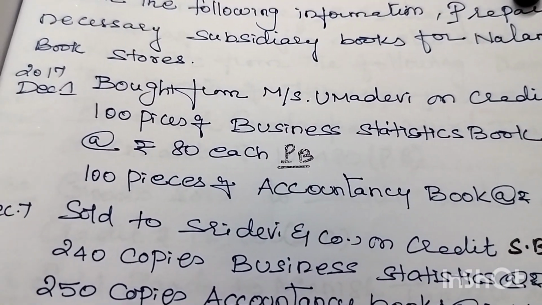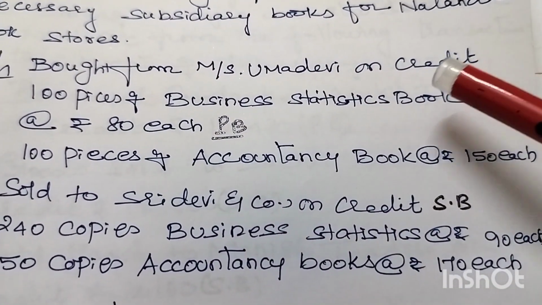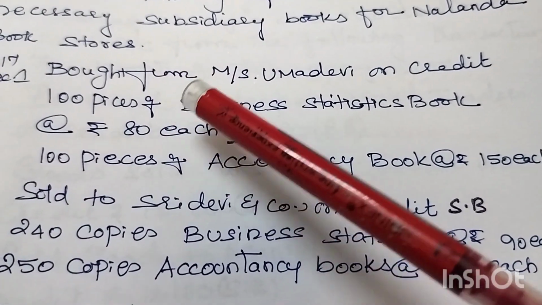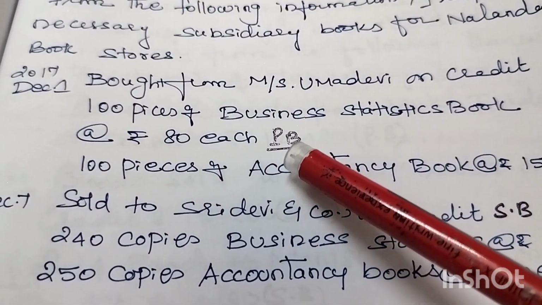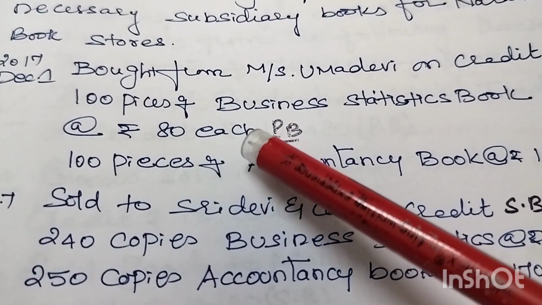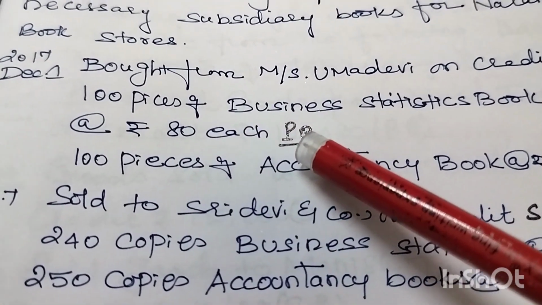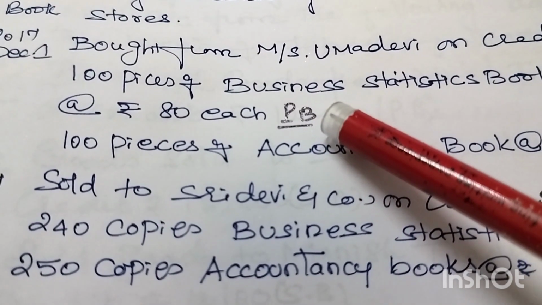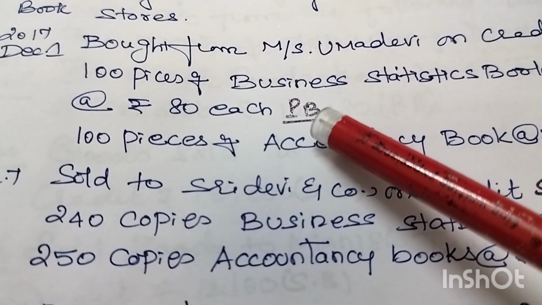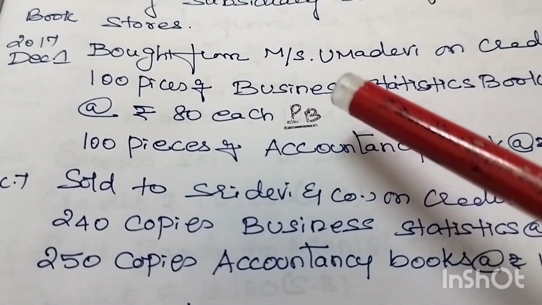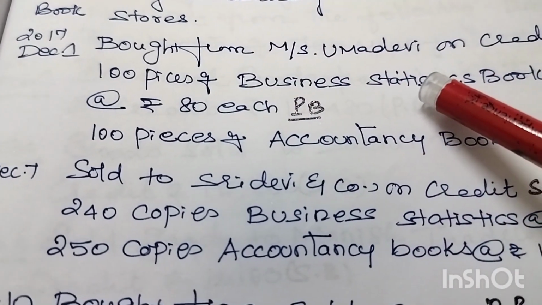This transaction clearly tells us this is a credit purchases transaction. So you enter this transaction into the purchases book. Beside the transaction you write PB, which stands for purchases book.